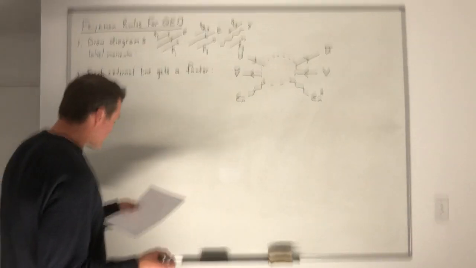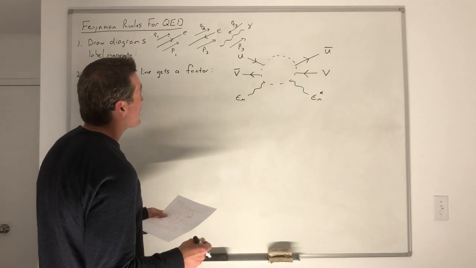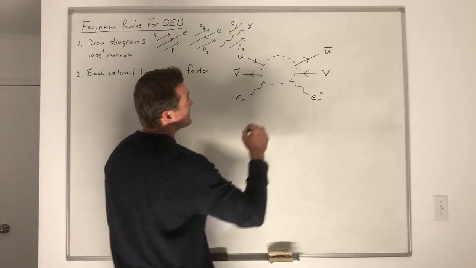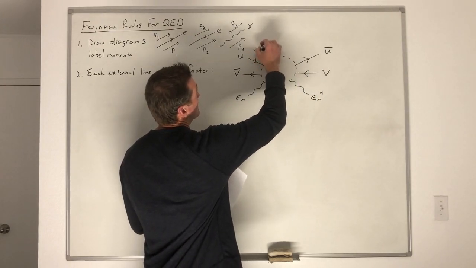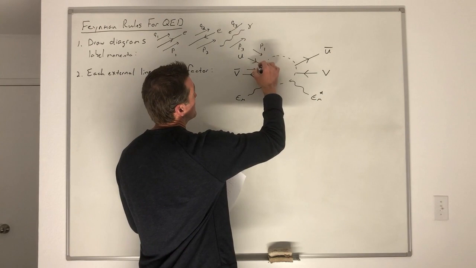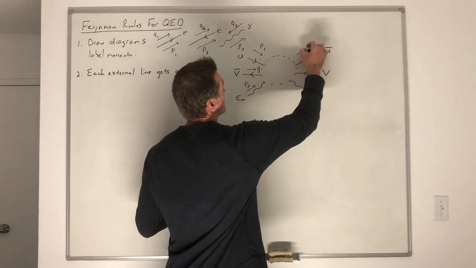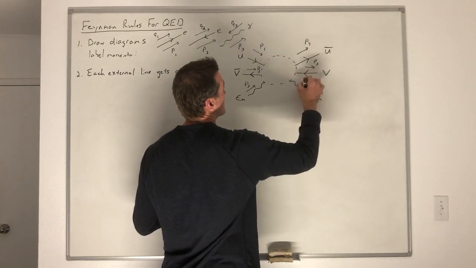Now, when we write these factors down, when we're labeling the external momentum, maybe I'm going to do p1, p2, p3, p4, p5, and p6.